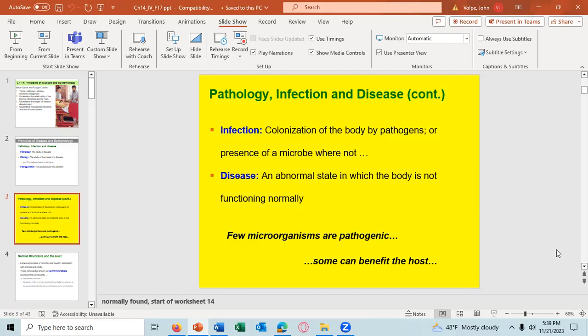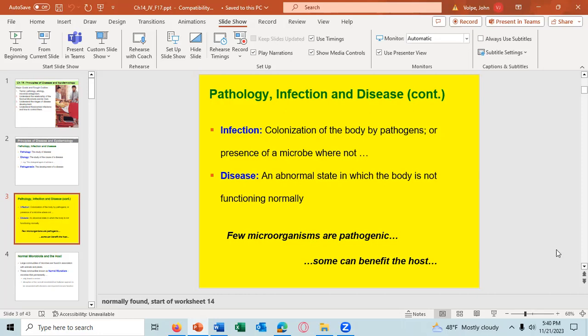Disease is an abnormal state in which the body is not functioning normally. A communicable disease, or a disease which is infectious, is caused by a microbe. When we're saying that, you should understand that very few microorganisms are pathogenic.